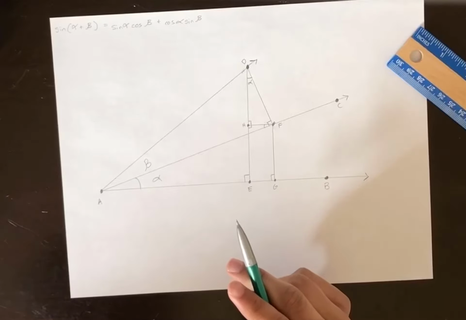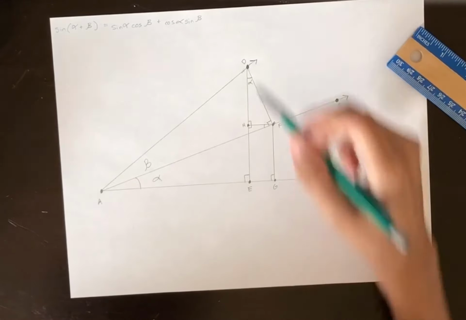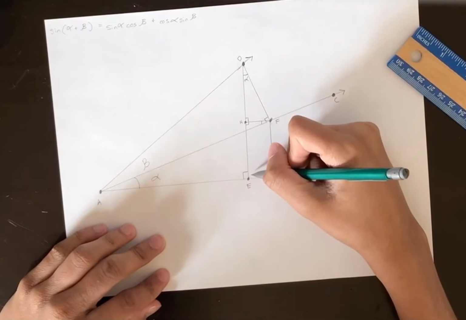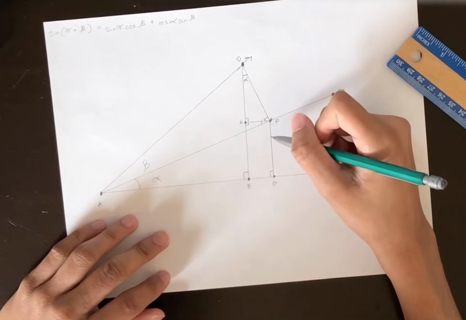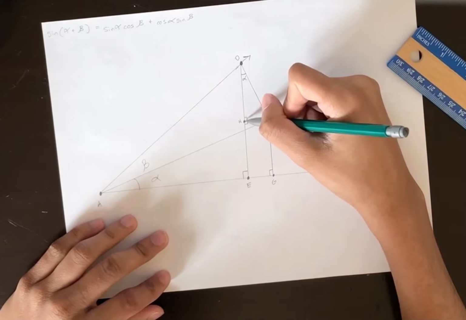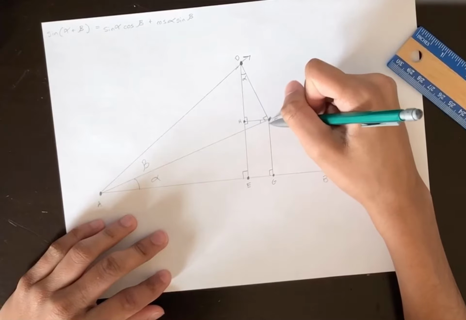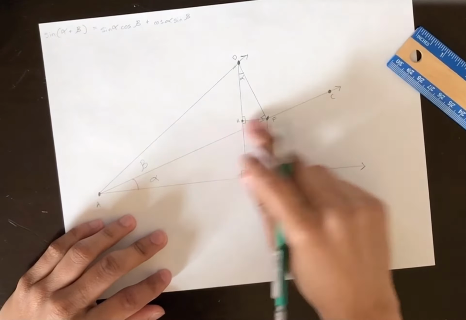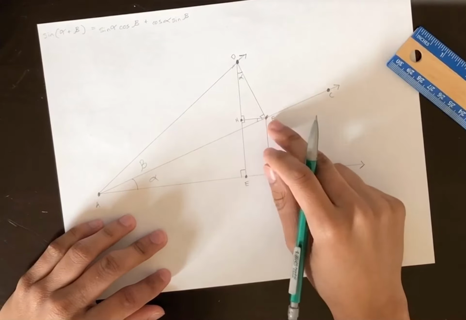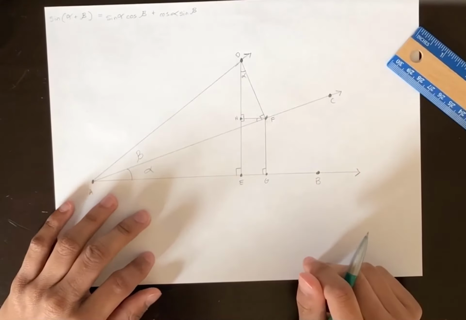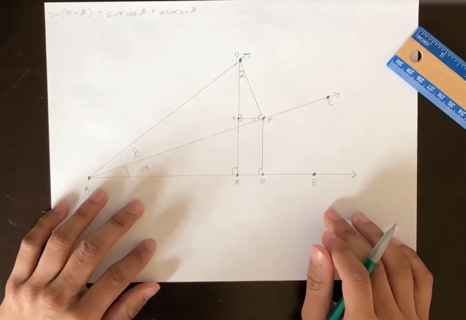Then you should be able to notice that DE, this line, equals HD plus FG, which is true. I don't really know how to explain that one, but you can see it.